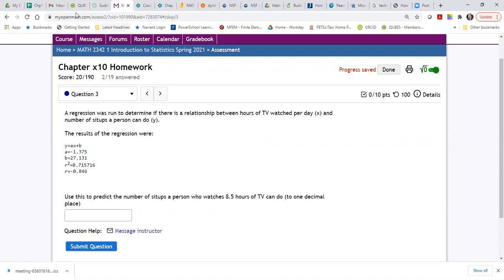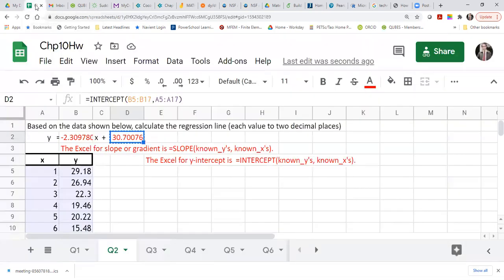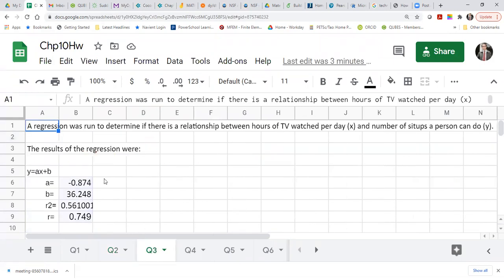So let's go to number 3. Make sure you think using the formula. So what is the A here?